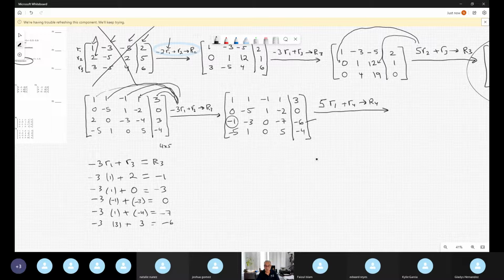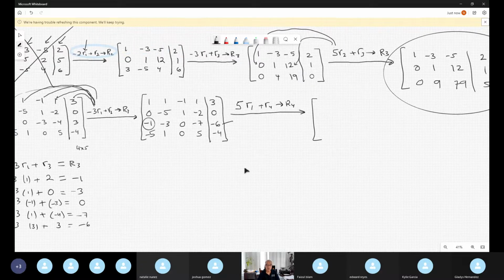So this number 4 is always the one that changes. Now the only row that changes is number 4, so I copy 1, 2, and 3 exactly the same. I don't touch them.